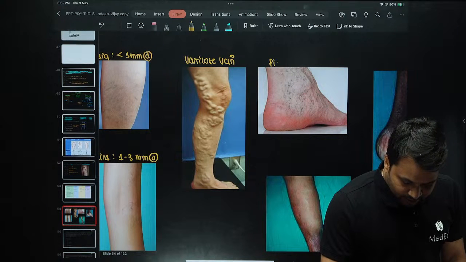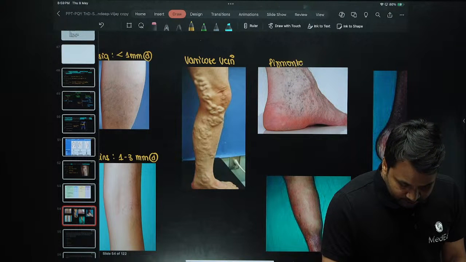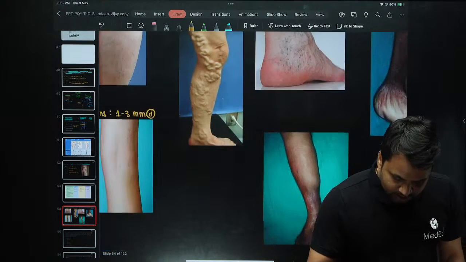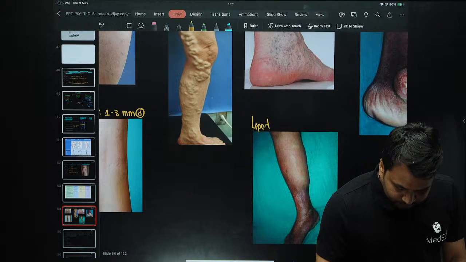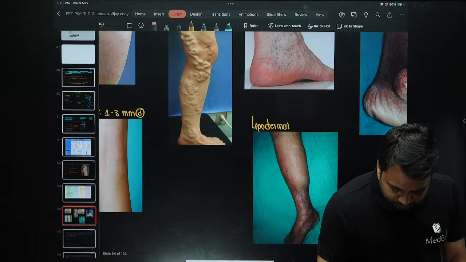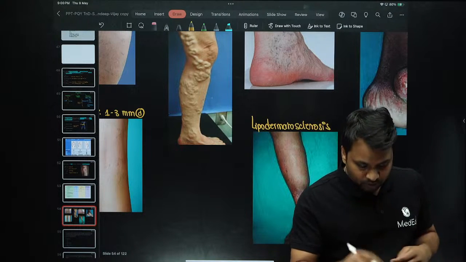This happens to be your pigmentation. This is your lipodermatosclerosis.